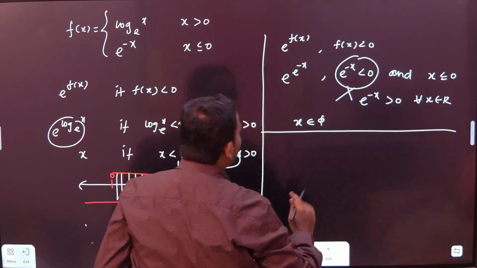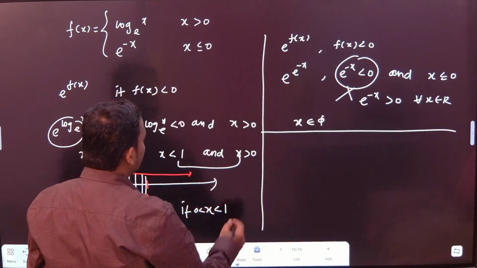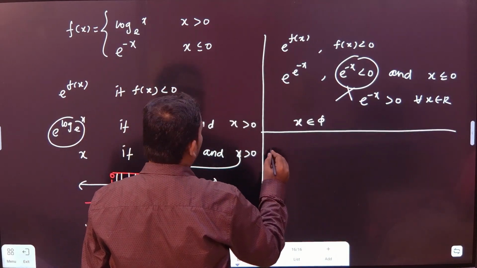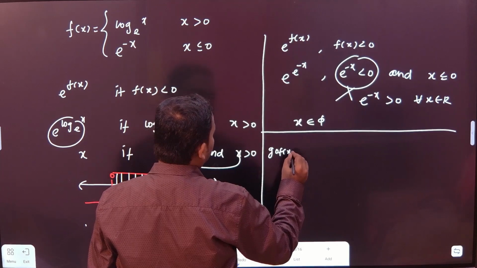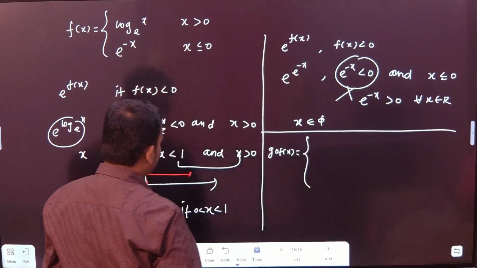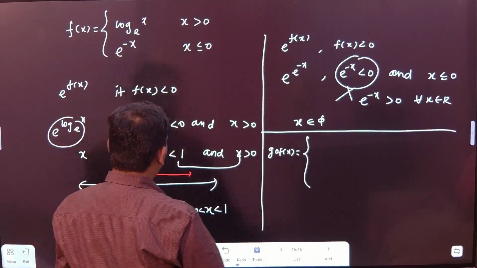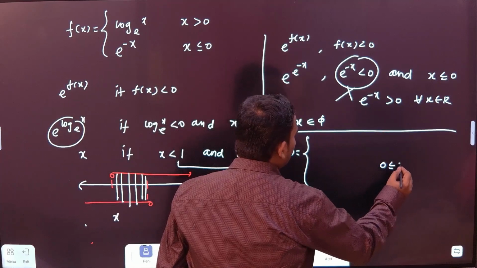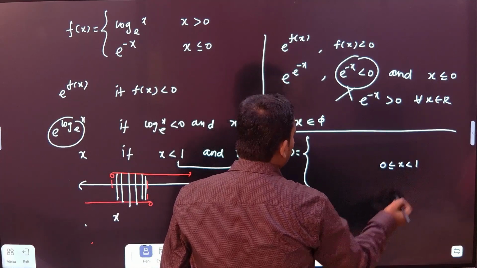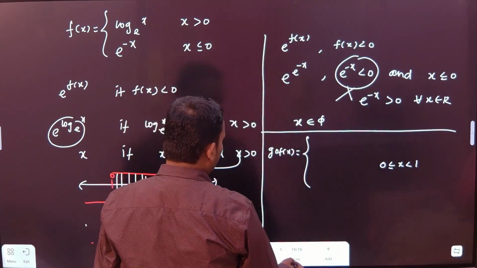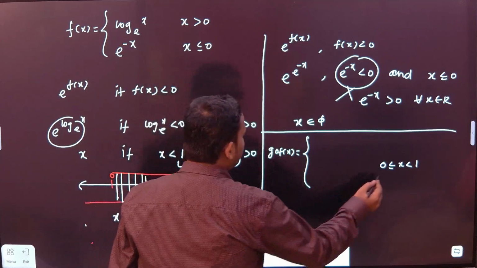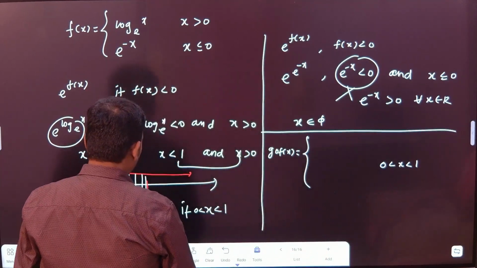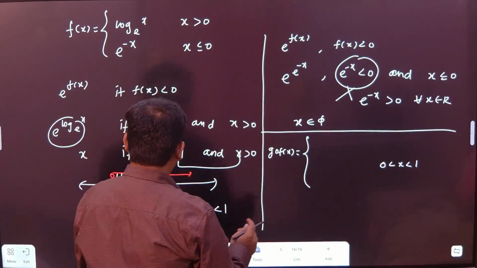Now you can combine all these things. We actually need g composition f of x. You can write it here. When x is from 0 to 1, 0 is not included, you can see 0 is not included, the value will be x.